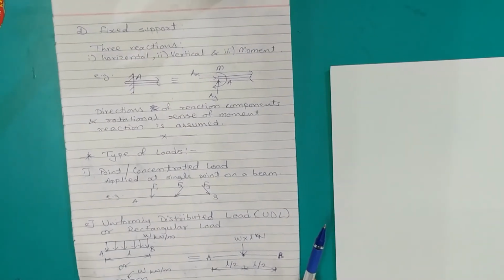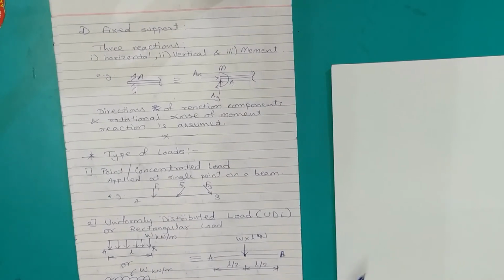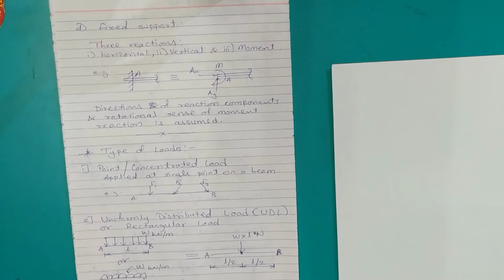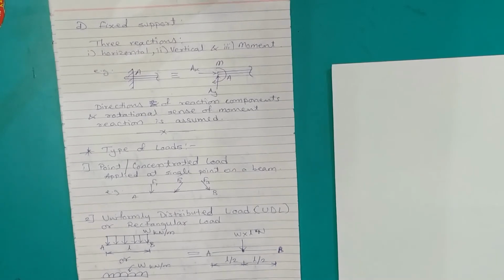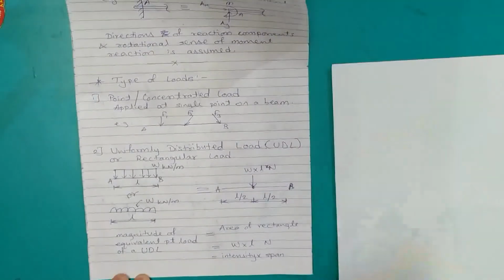The second type is uniformly distributed load, UDL. It is also called a rectangular load because the shape of the loading appears a rectangle. This is another way in which the uniformly distributed load can be shown.